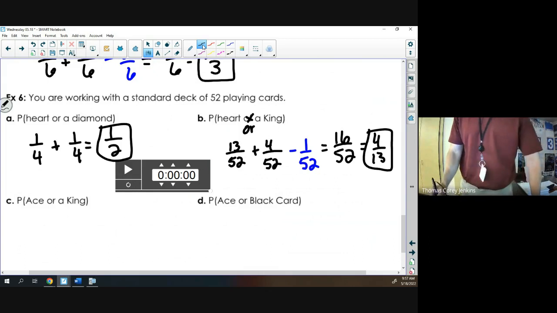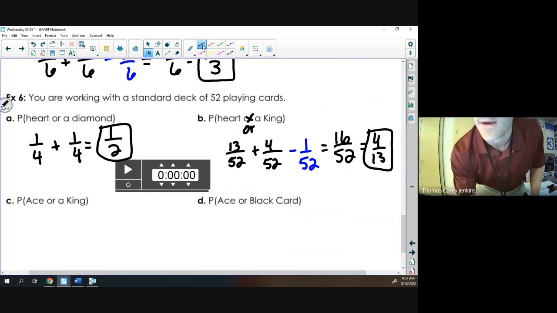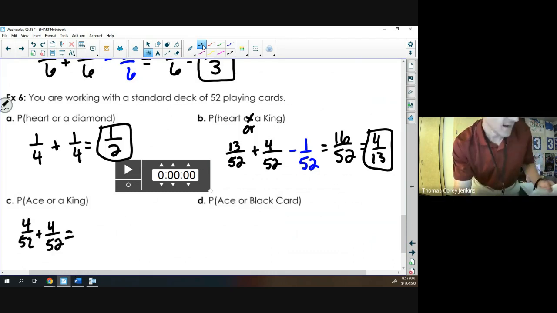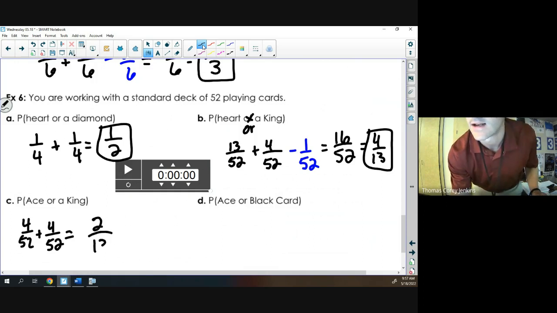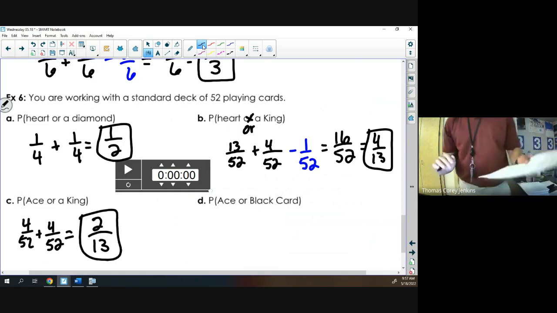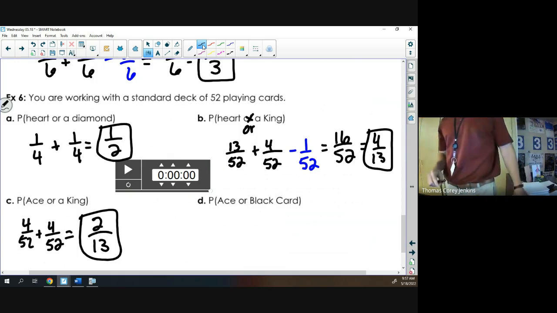On C, we don't. There are no king aces, right? There's no combinations there. So this would be 4 out of 52 plus 4 out of 52, or 8 out of 52. And I'll go ahead and give you the reduced version, which would be 2 out of 13. Okay, and then last one, ace or black cards. Do you have any repeats?